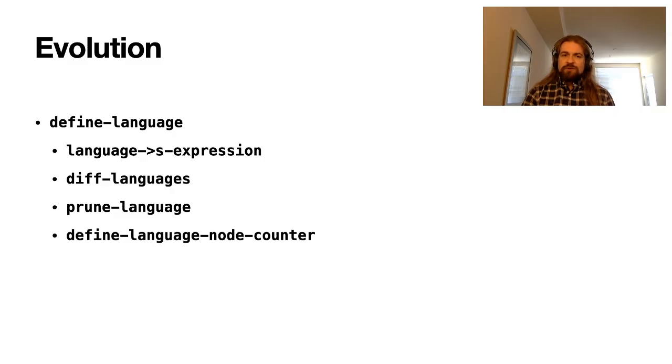We also have some tools that we've written to help as we're trying to figure out the performance of our passes and our compilers that we generate out of this. Define language node counter gives us a function for counting the number of nodes in a language expression. So you might define this and stick it in your compiler before the pass to figure out how large the input to your pass is. Maybe stick one at the output to figure out how big the output for your pass is.